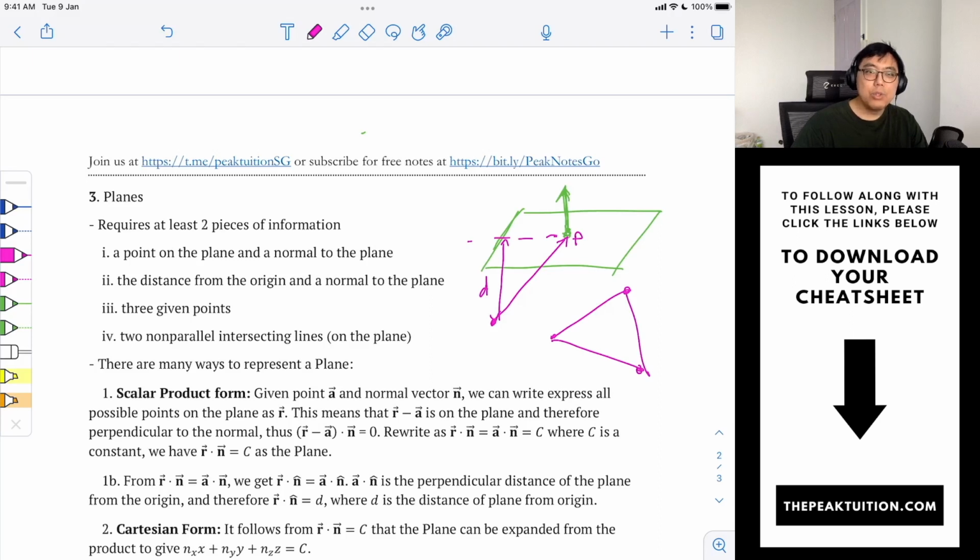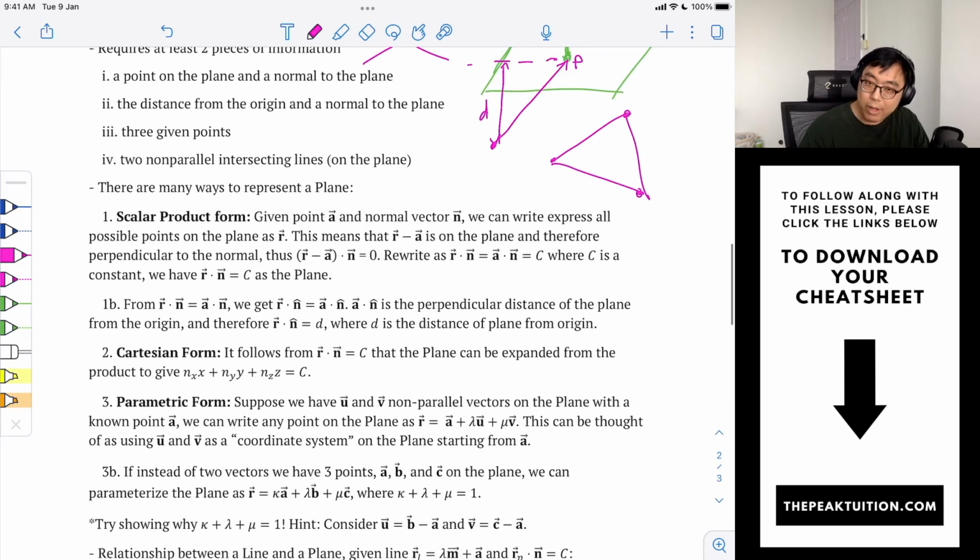And finally, two non-parallel intersecting lines. So if you have non-parallel intersecting lines, we know that there's a point that they meet. We can form a plane using these. It's a bit hard to visualize, I believe, for some of these conditions, but don't worry, just try to visualize it. It's not super important to be able to visualize all of them.